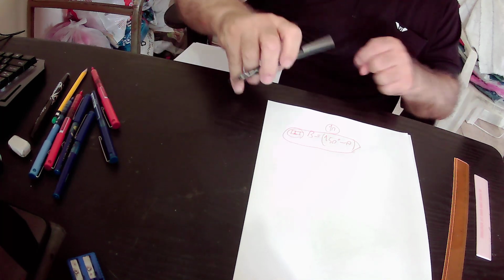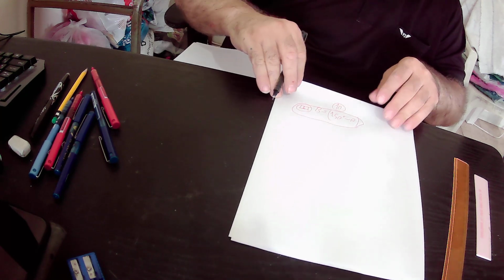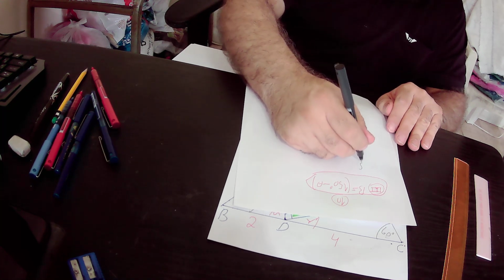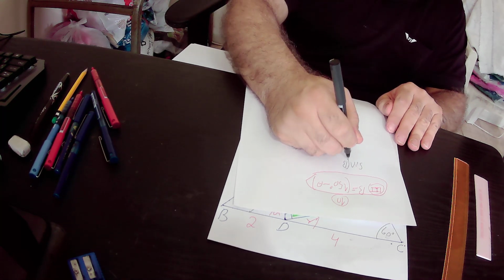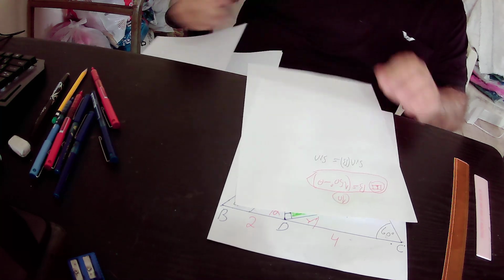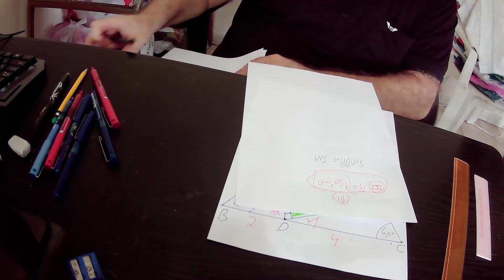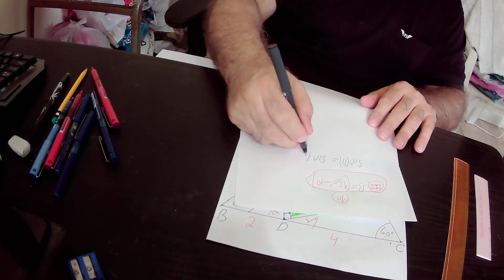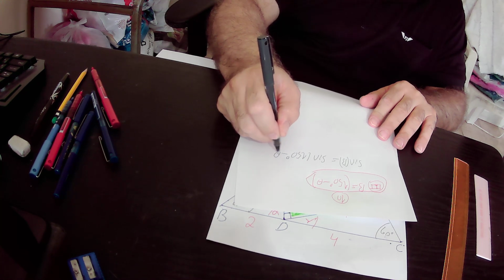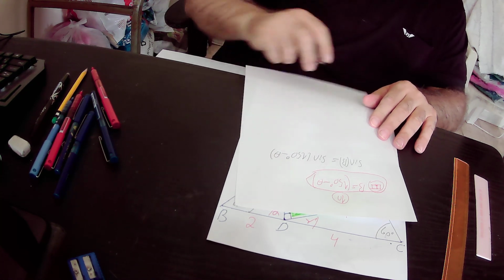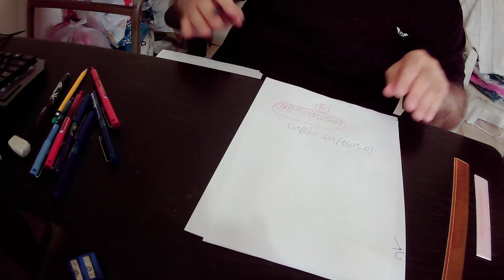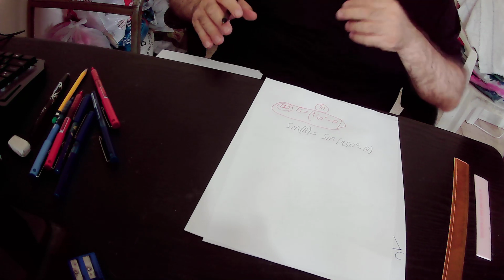Okay, so we got the following equality: sinus beta equals sinus of 150 degrees minus theta.